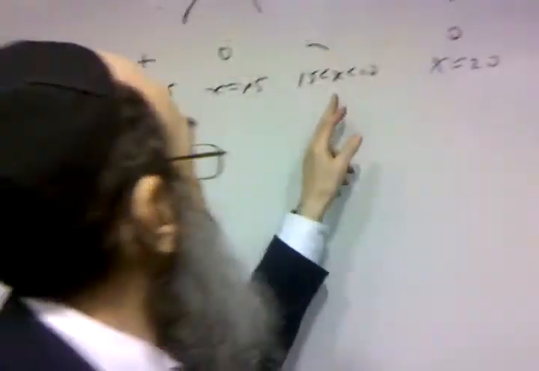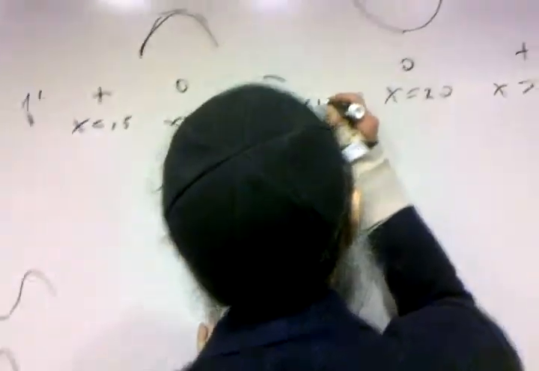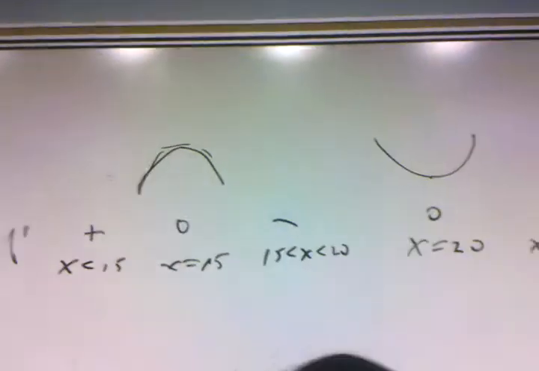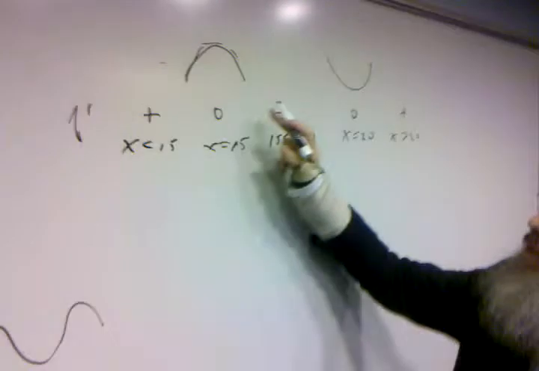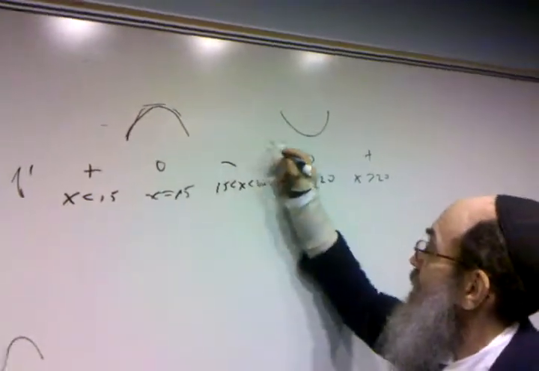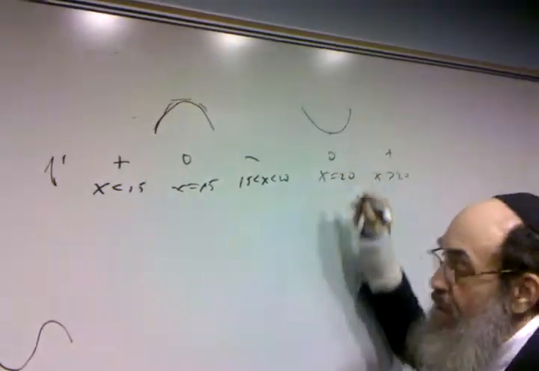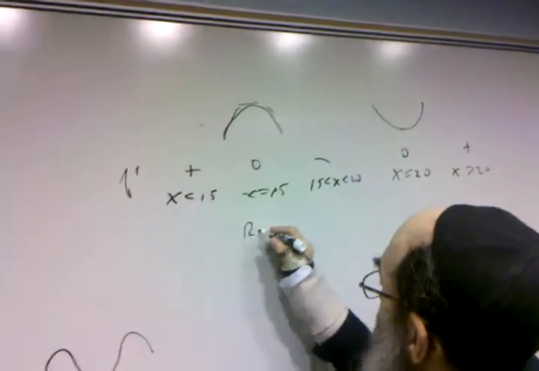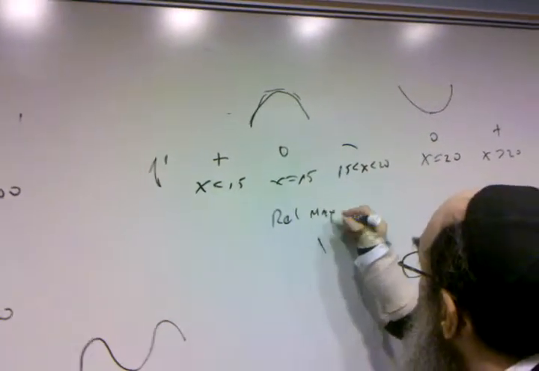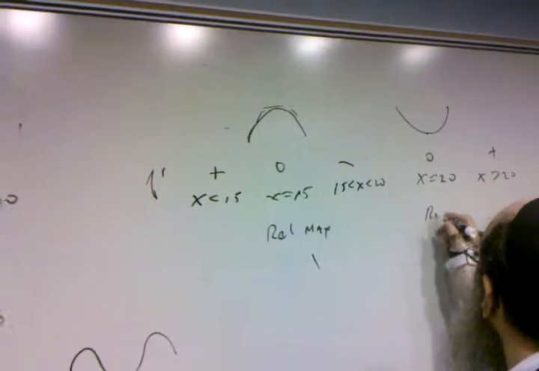Therefore, if x is between 15 and 20, the first derivative is negative. If x equals 20, the derivative is 0. If x is greater than 20, both of these are positive, so the product is positive. So positive, 0, negative is the sign of a maximum. Negative, 0, positive is the sign of a minimum. That means x equals 15 is a relative max, and x equals 20 is a relative min.